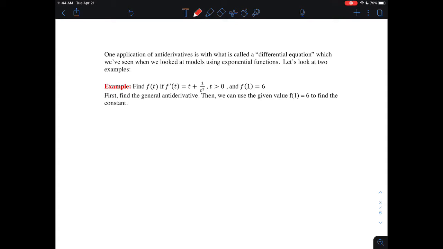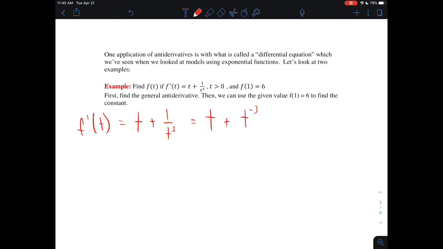So we're given that f prime of t is equal to t plus 1 over t cubed. And to actually use something that we saw above, I'm going to rewrite this as t plus t to the negative 3. So I can see that those are both power functions.